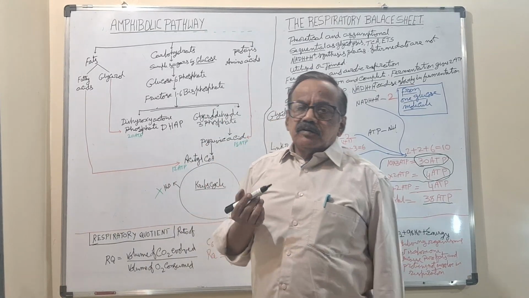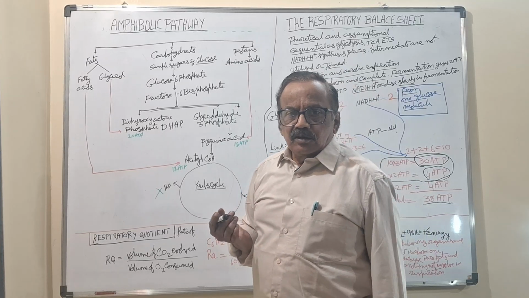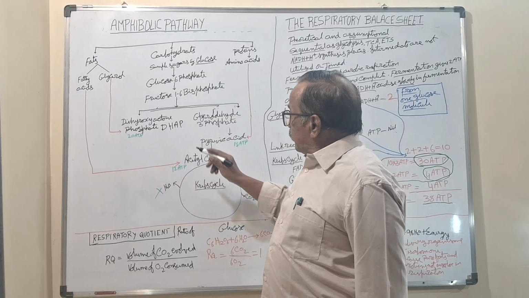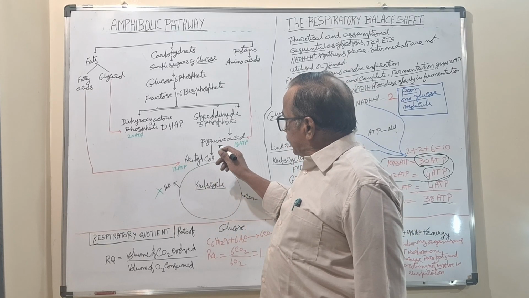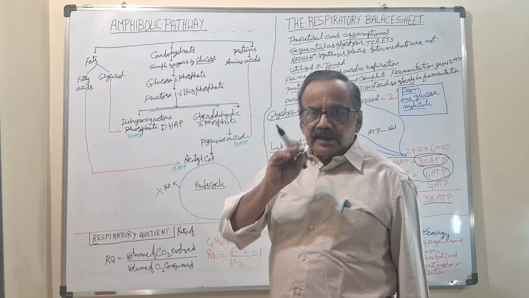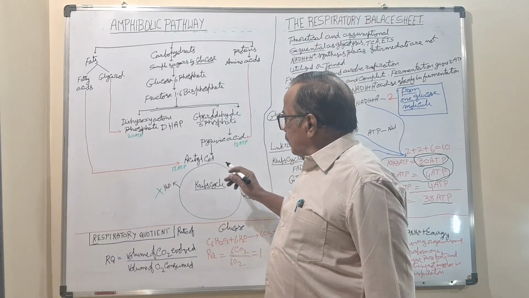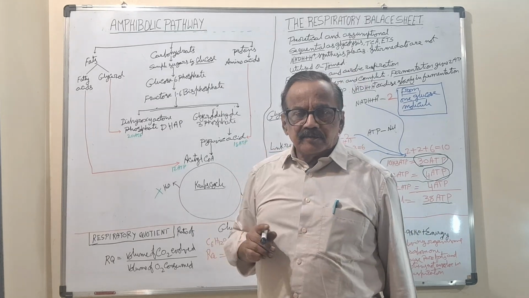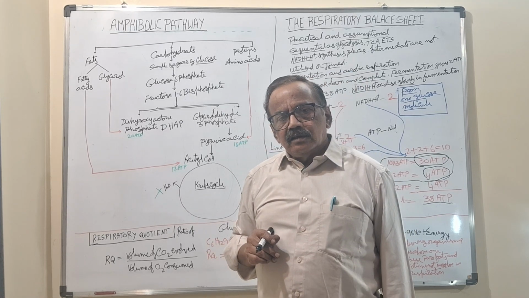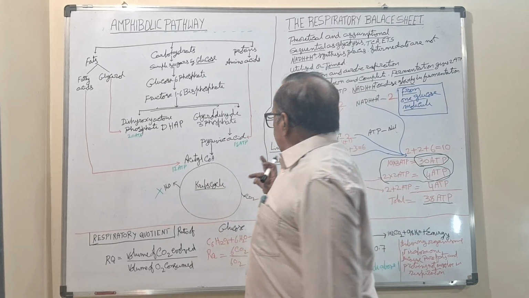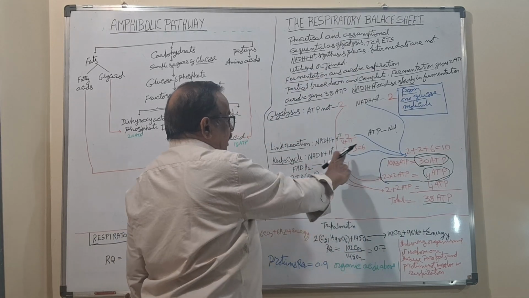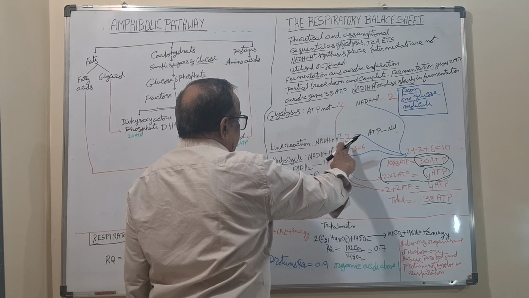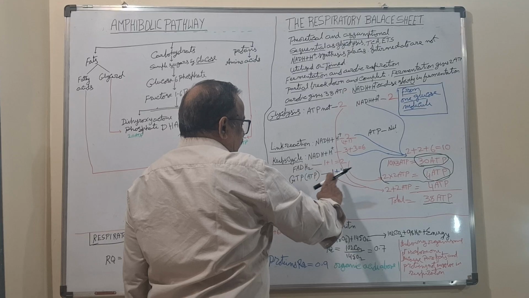One pyruvic acid gives 3 ATP by forming NADH in the link reaction, and in the Krebs cycle 12 ATP. How 12 ATP? In the Krebs cycle 6 NADH are formed, and the next will be the 1 plus 1.